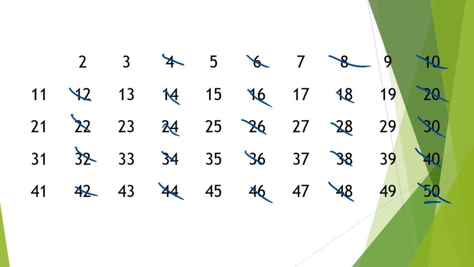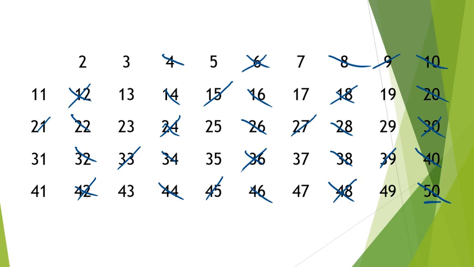So now I'm going to cross out larger multiples of 3. And if it's already crossed out, then cross it out once more. That's all right. So 6, 9, 12, 15, 18, 21, 24, 27, 30, 33, 36, 39, and so on and so forth.